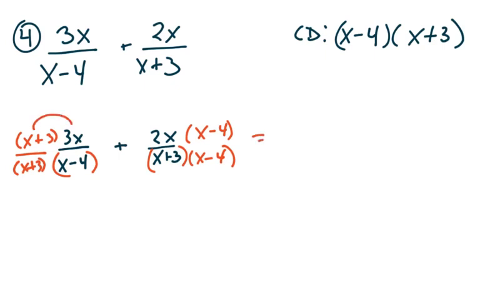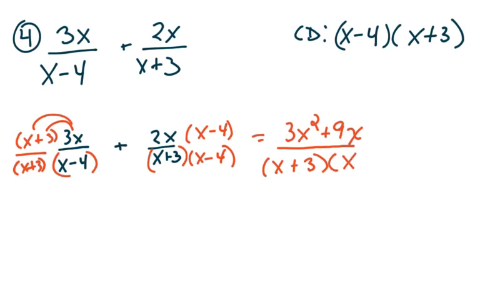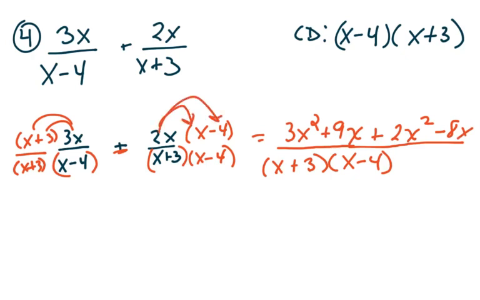Alright, so let's distribute it. So we're going to have 3x squared plus 9x for the first fraction. Do not, though, do anything with the denominator. Then you're going to do plus 2x squared minus 8x. So notice I distributed that there. Now let's combine our like terms.